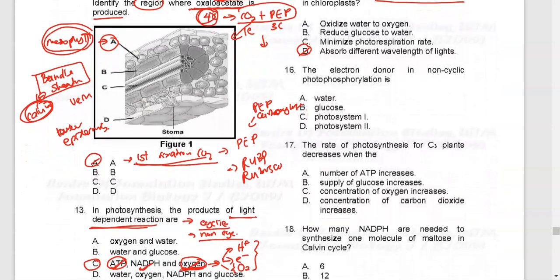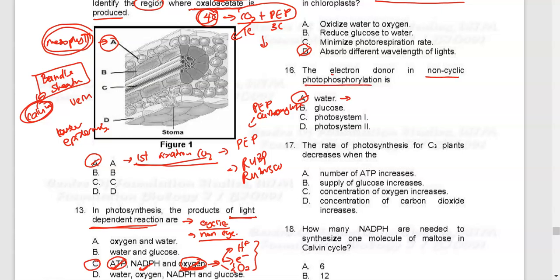For question 16, the electron donor in non-cyclic photophosphorylation will be water. Water is the source of electrons in the non-cyclic photophosphorylation. So water will undergo the process of photolysis to break the water molecule into hydrogen ions, electrons, and also oxygen atoms, in this case half an oxygen molecule.